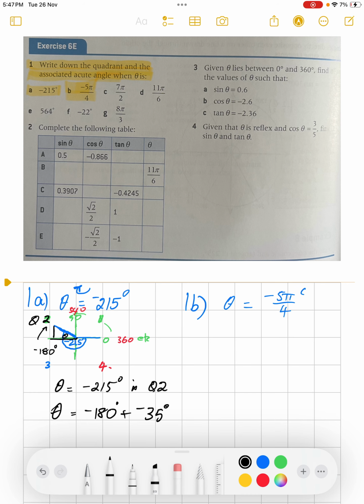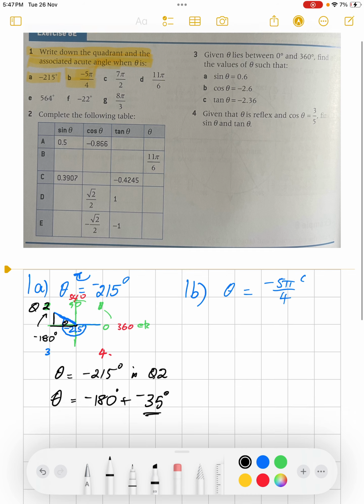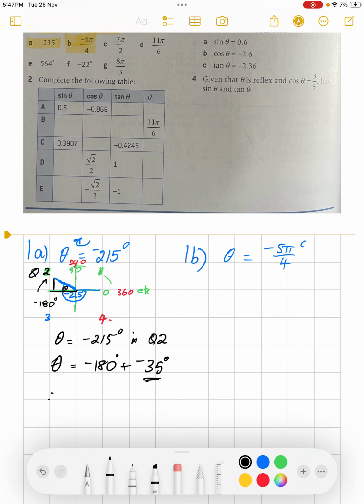So really, this is the acute angle, and we take the absolute value of that, which means not the negative. It's simply a 35 degree acute angle to the x-axis.